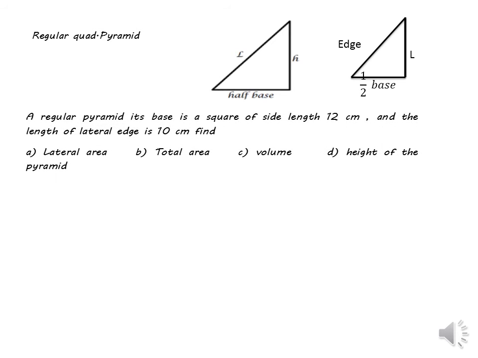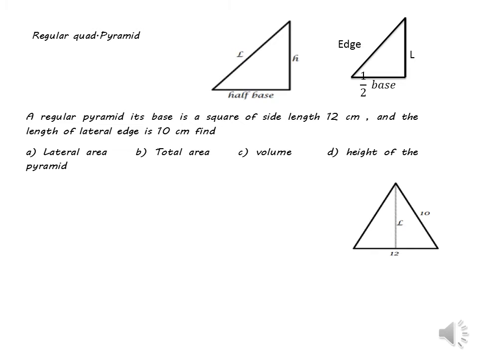Another right angle triangle: the first side represents half of the base, the second represents the slant height, and the third side, the hypotenuse, represents the edge of the pyramid. And this is part of the lateral face, which is an isosceles triangle.